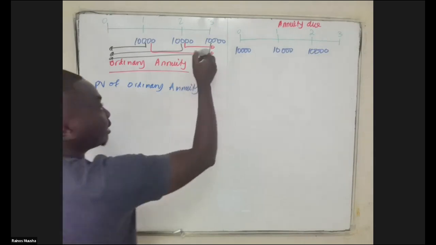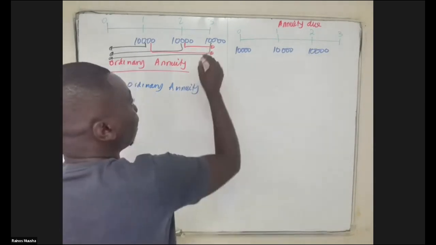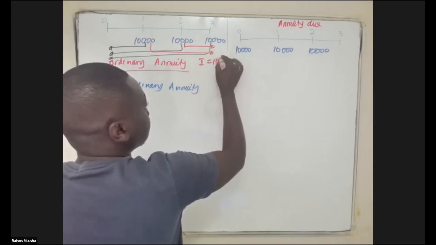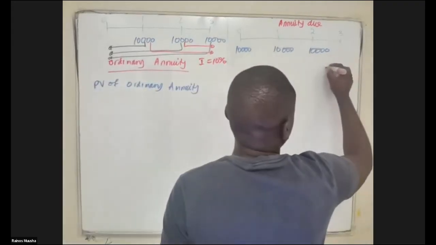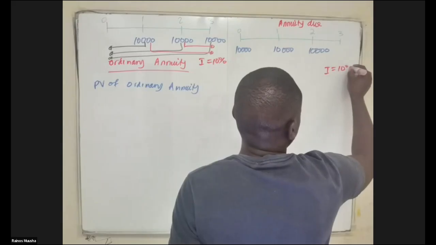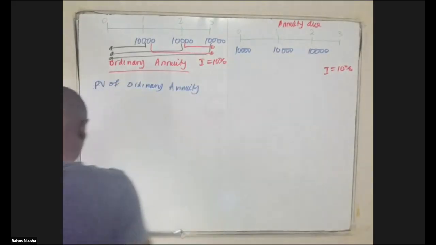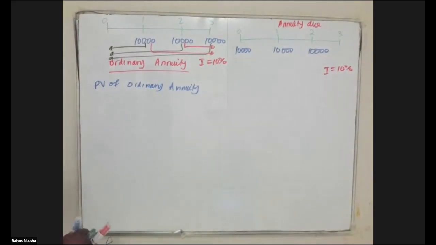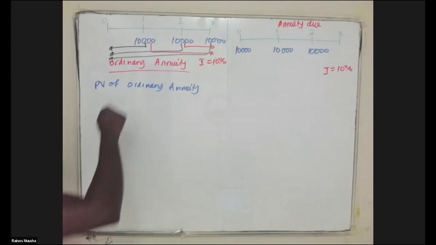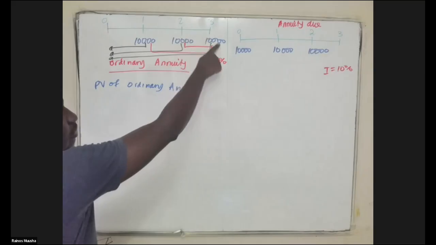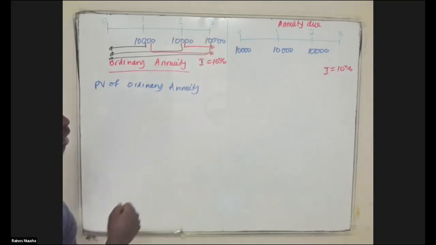We are assuming that in all these examples, the interest rate is 10%. For an ordinary annuity, there are no complications when it comes to the calculations. What are you going to do? We know that the payments are 10,000 every period.